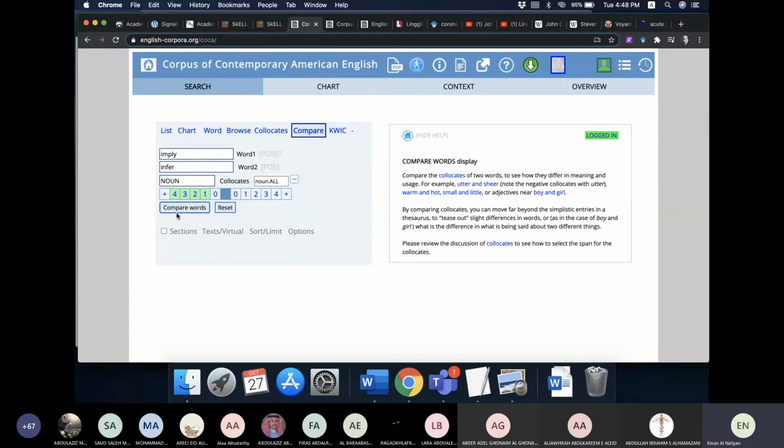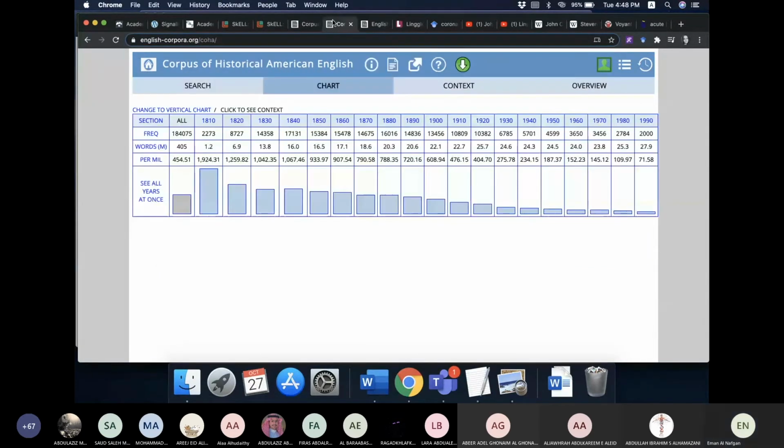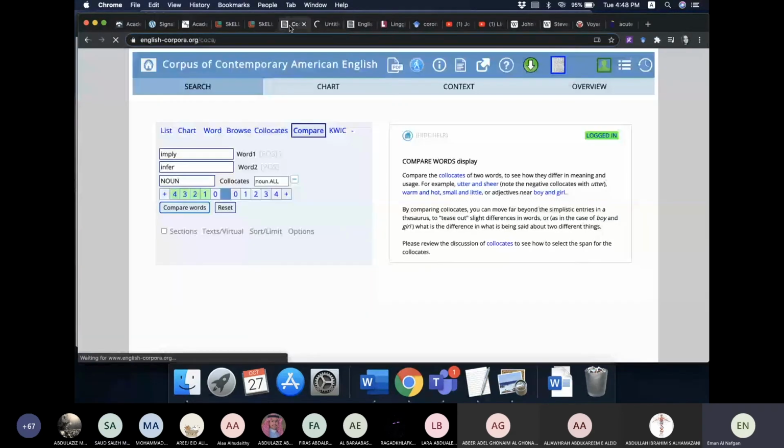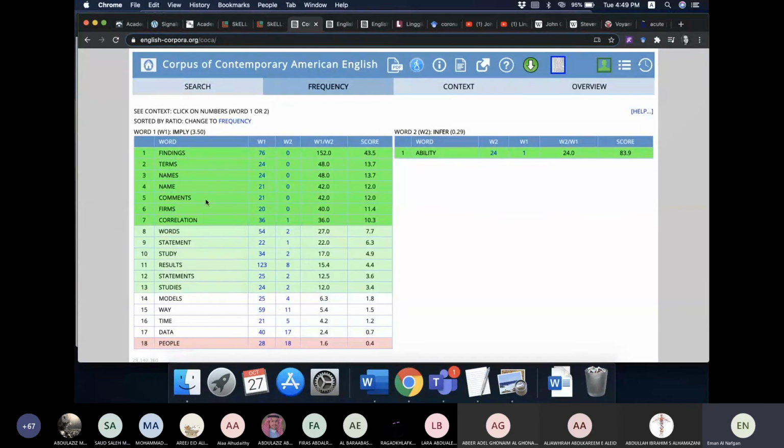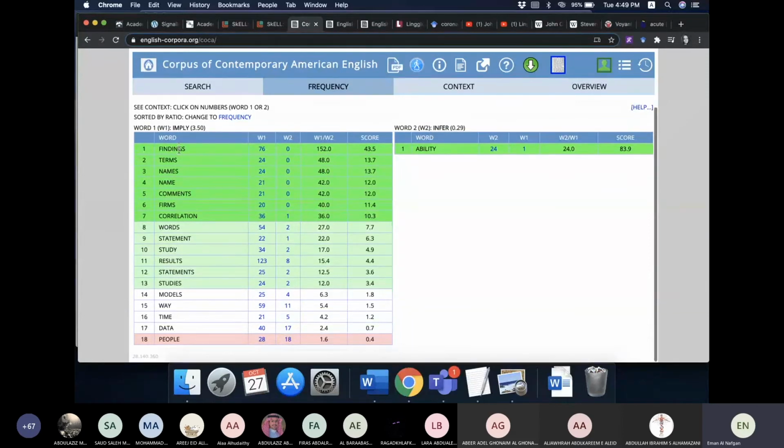Okay, it's taking its sweet time, but I don't want to waste too much time because I have so much to show you. Another thing that you could do while we wait for it to work, yes, here it is. So what do we find?